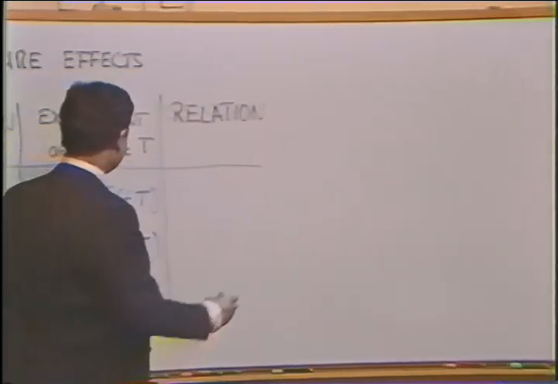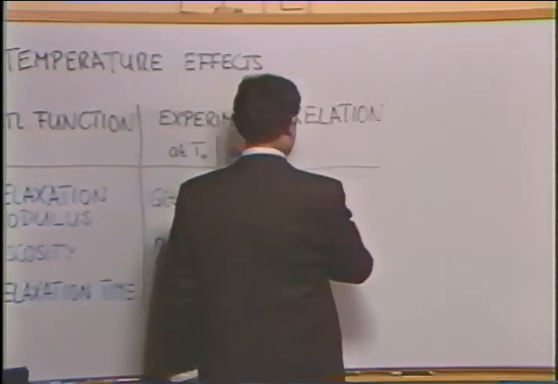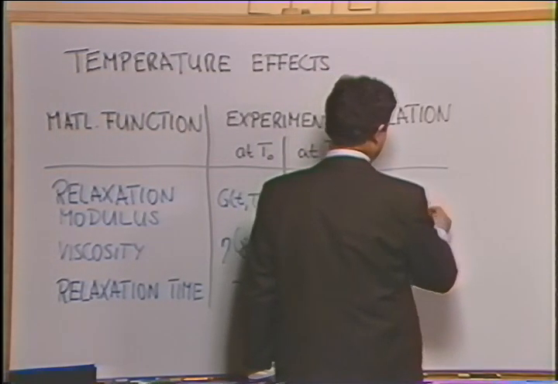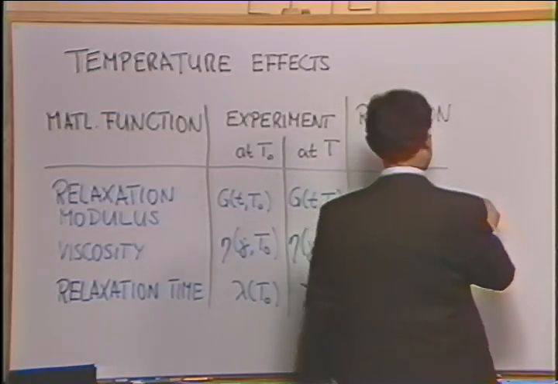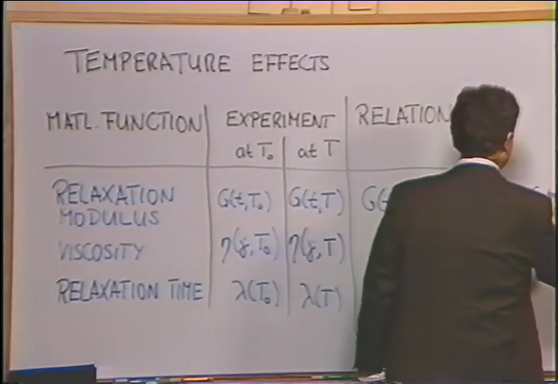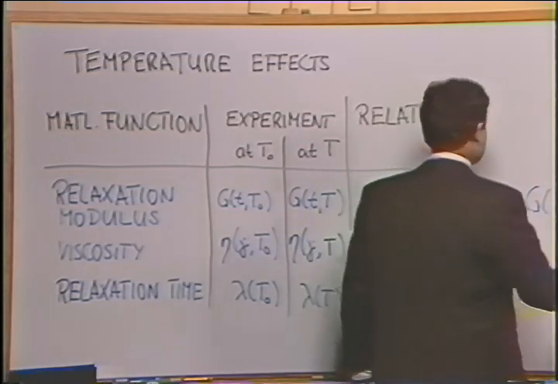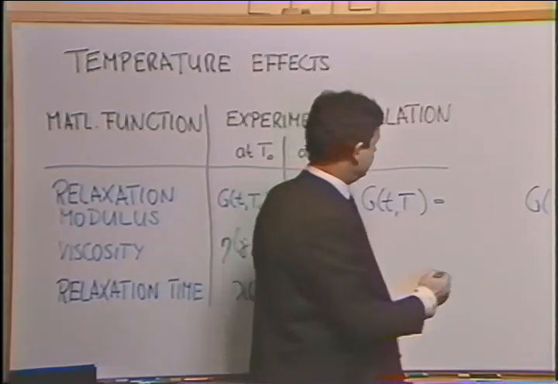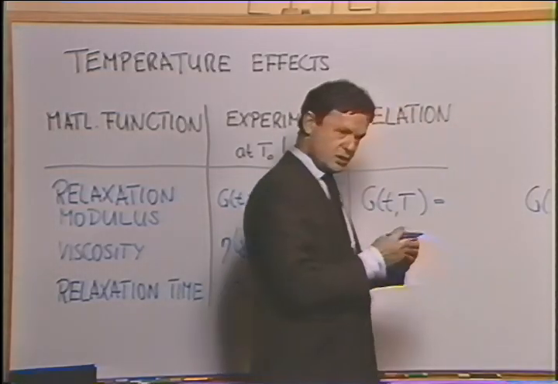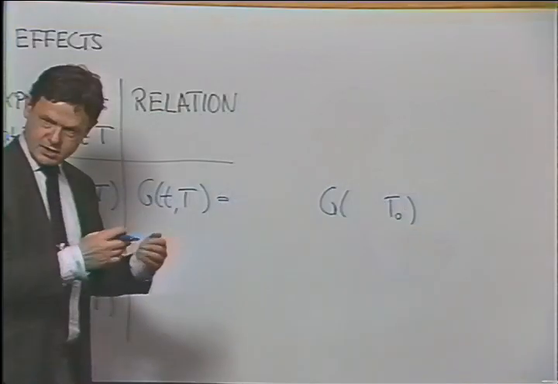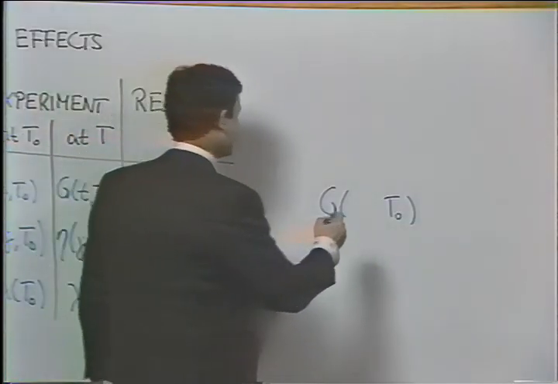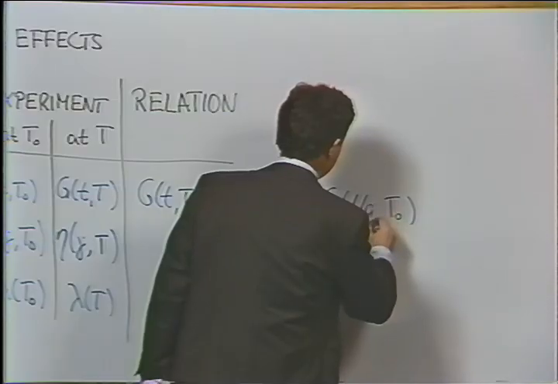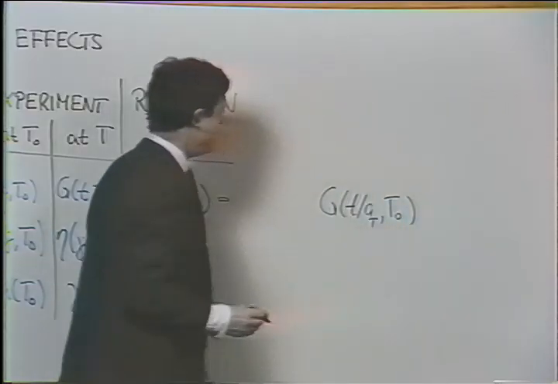So the relation between the modulus at the new temperature T and the modulus at the other temperature T0 is given by a shift. Somehow our time of observation has to be changing because of the temperature effect. So our new time here would be t divided by aT.